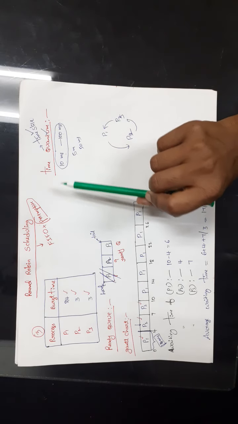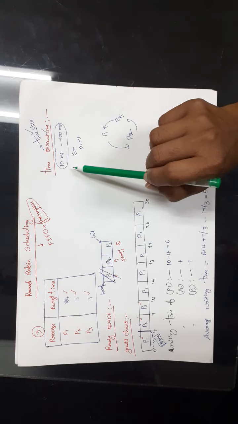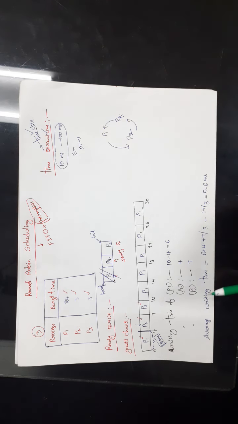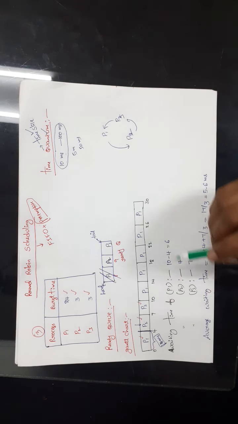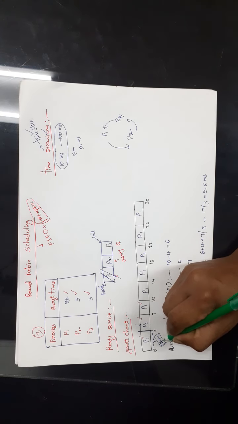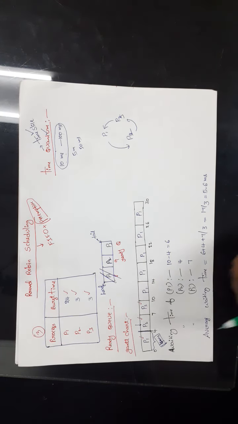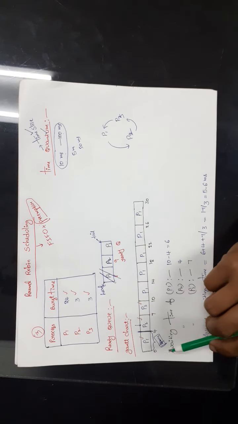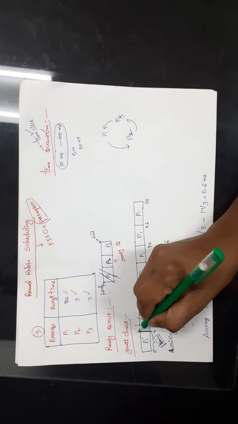So in the round robin scheduling algorithm, we use a time quantum. What is the time quantum we have chosen here? Here 4 milliseconds is the time quantum. After executing for this much time, we should preempt this process.